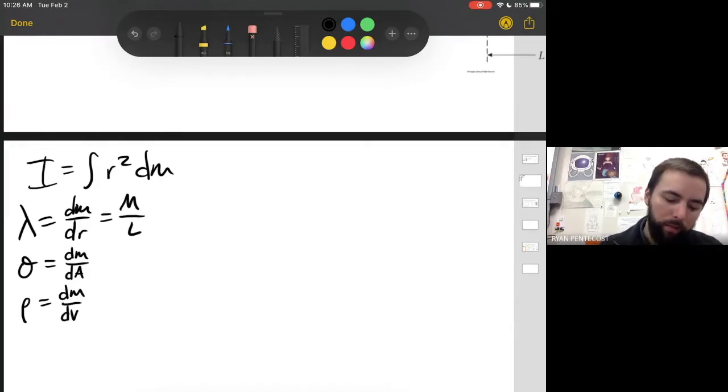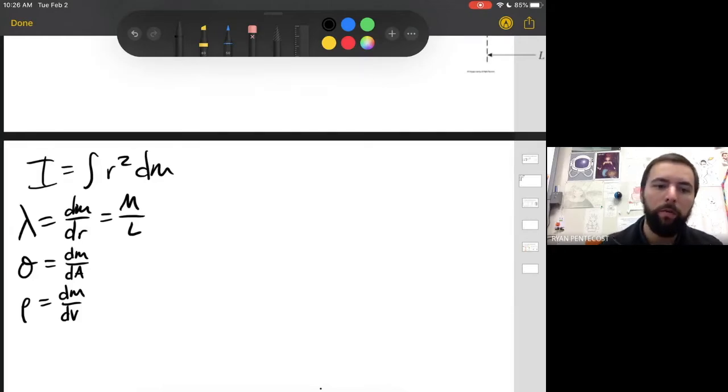Lambda is the one where the denominator can get kind of fluid. You can use any kind of distance in there depending on what object you're dealing with. It could be with respect to the radius of a linear object, or the length of a linear object. So that can change a little bit. But with sigma, that's got to be area, and with rho, it's got to be volume.